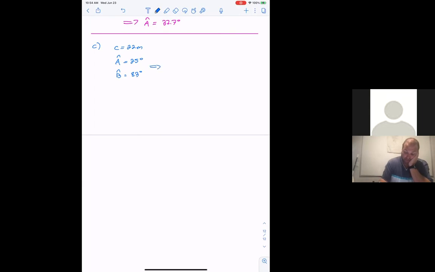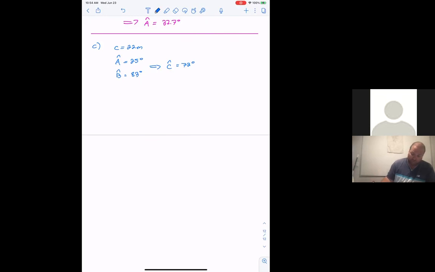And immediately I see, because I have two angles, I can add them and subtract from 180 to get the third angle. So 25 plus 83, subtract that from 180, gives me that C hat is equal to 72 degrees. And now I see that I do have an angle-side pair and something else. So I'm going to use the law of sines. Even though this is section 2B, they don't tell me specifically what to use, and to be honest, I can't even use the law of cosines because I don't have two sides.